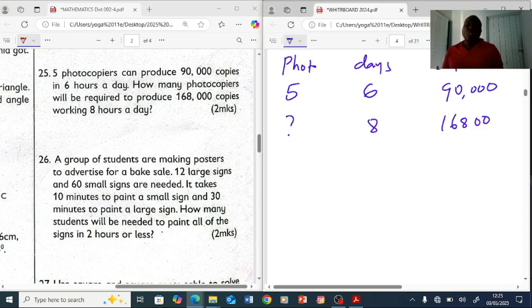So the surest way of doing this is using the ratio method. So let's use the ratio. Let's see the number of hours. Hours increase in ratio. Remember, when you increase, the denominator should be small. Increase in the ratio 8 to 6.